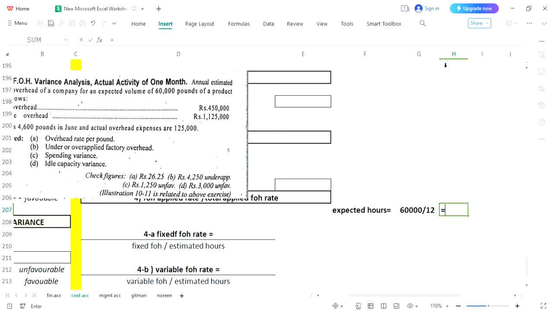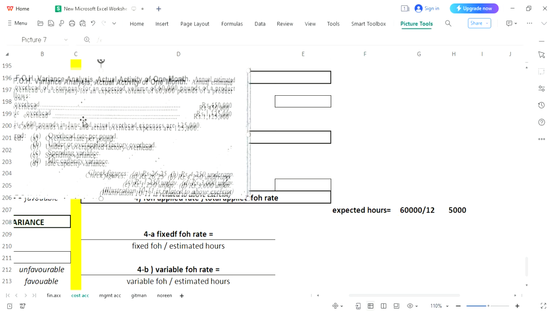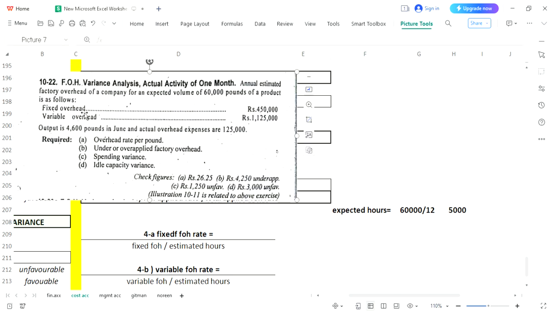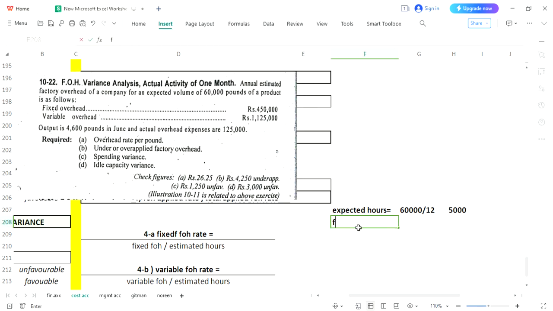So on the calculator you will write 60,000 divided by 12. So 5,000 would be considered the expected volume to solve this question. Then you need to see, here you have your fixed FH, which is 4,50,000. Again it's per annum, and you need to change it per month.